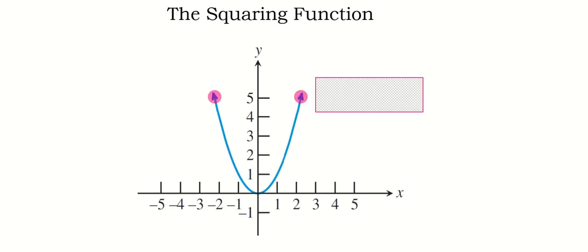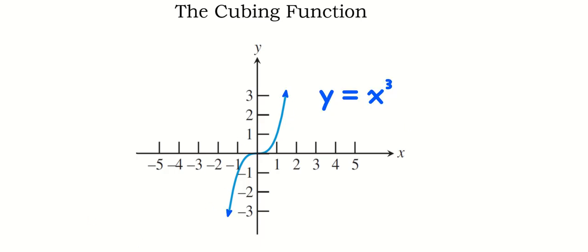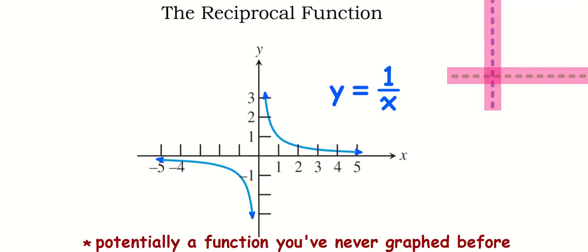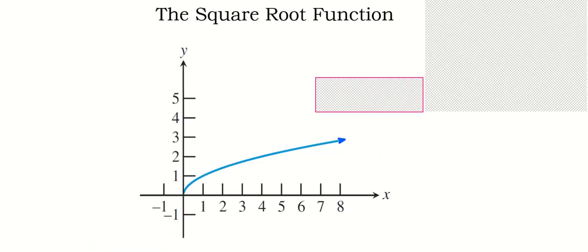So it's not that one. It's not this one. This one will keep going to the right forever and to the left forever. This is one of them because the domain literally does not include 0.